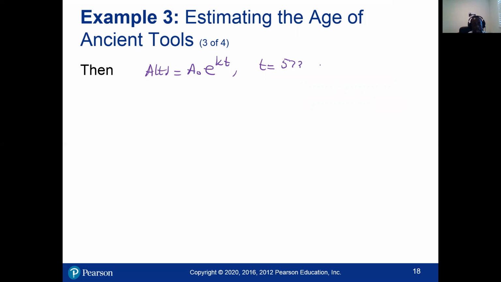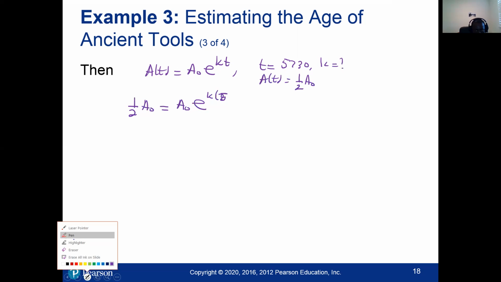Okay, so we use this to find k. Your t is 5,730. Okay, your k is unknown. Your A of t is equal to half of A naught. Okay, so we substitute that. We have half of A naught is equal to A naught, that's the original amount, e raised to k times 5,730. All right, I don't know why I'm writing 7,000 instead.